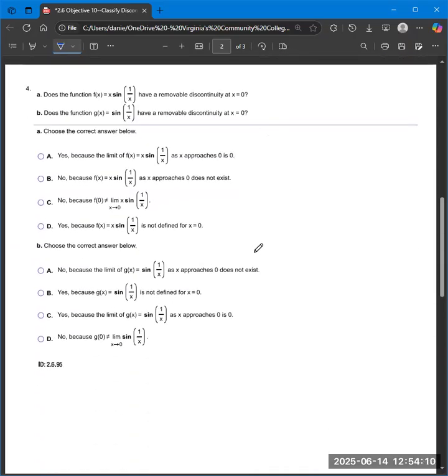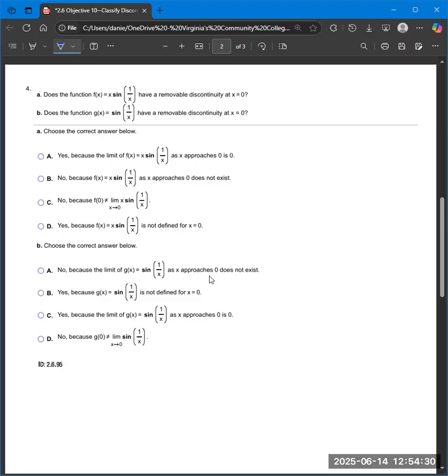Okay, so now we have two different functions that look very similar, but they're going to be different. We have f of x is equal to x sine of 1 over x, and g of x is equal to sine of 1 over x. So does the function f of x equals x sine of 1 over x have a removable discontinuity at x equals 0? Yes, it does.